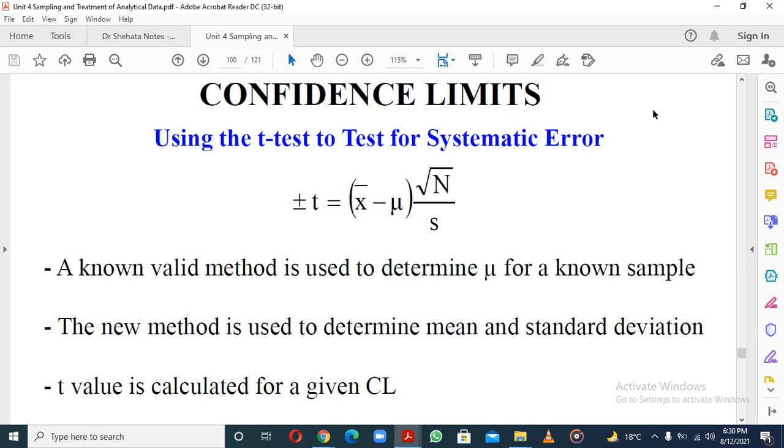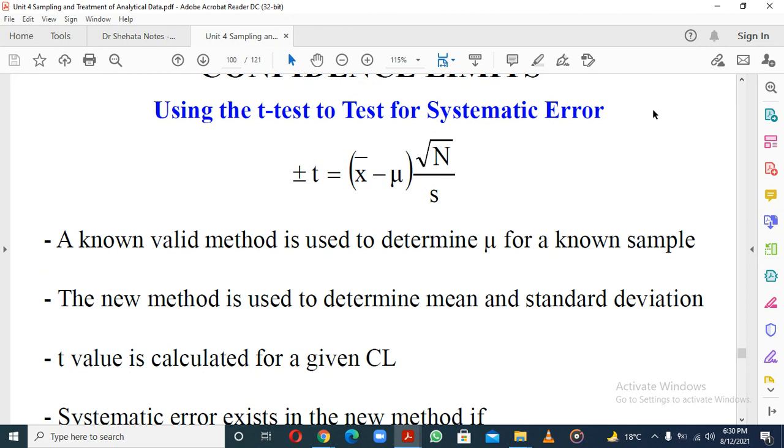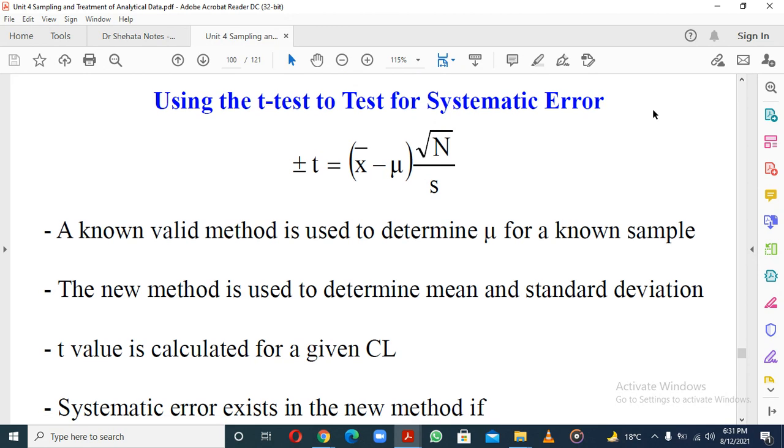But using the t-test, you can assess and check for systematic error, so that if it is there, you can investigate where it's coming from, look at what you are dealing with, and say, okay, let's do this and that. That way we are going to get rid of the systematic error.